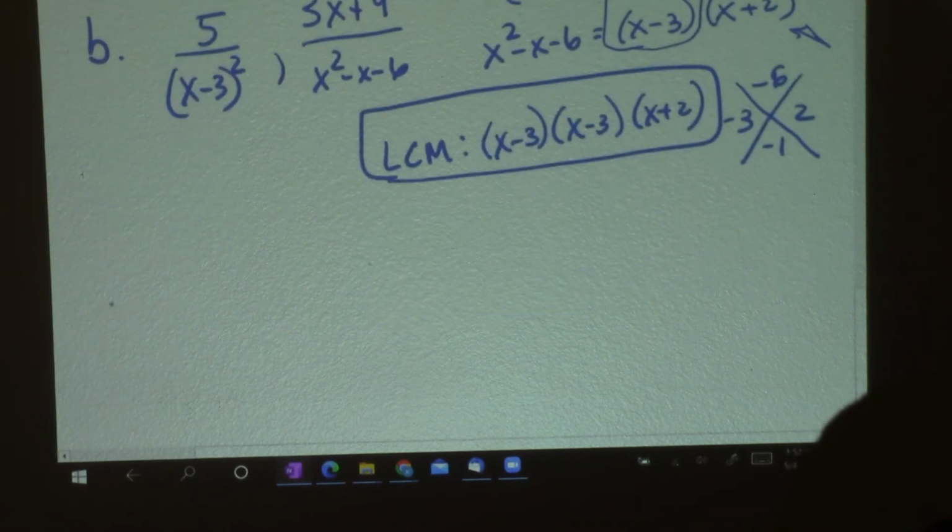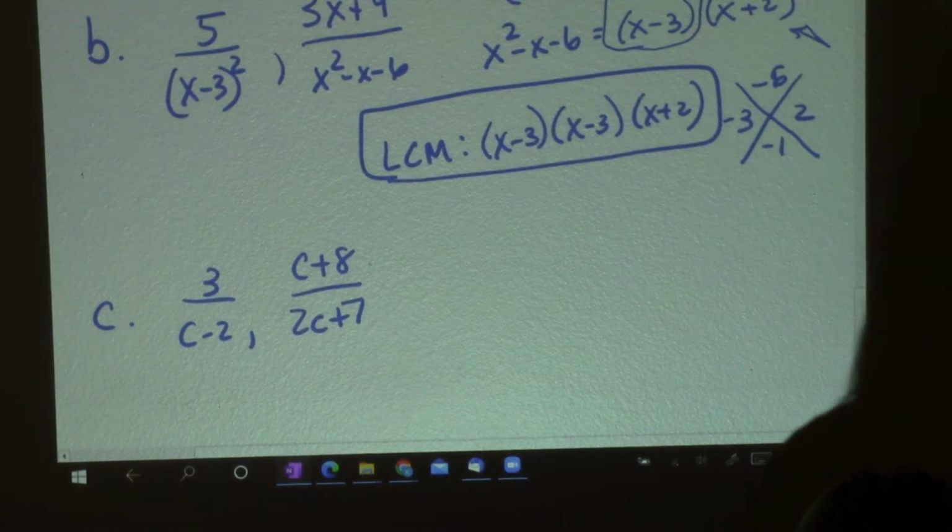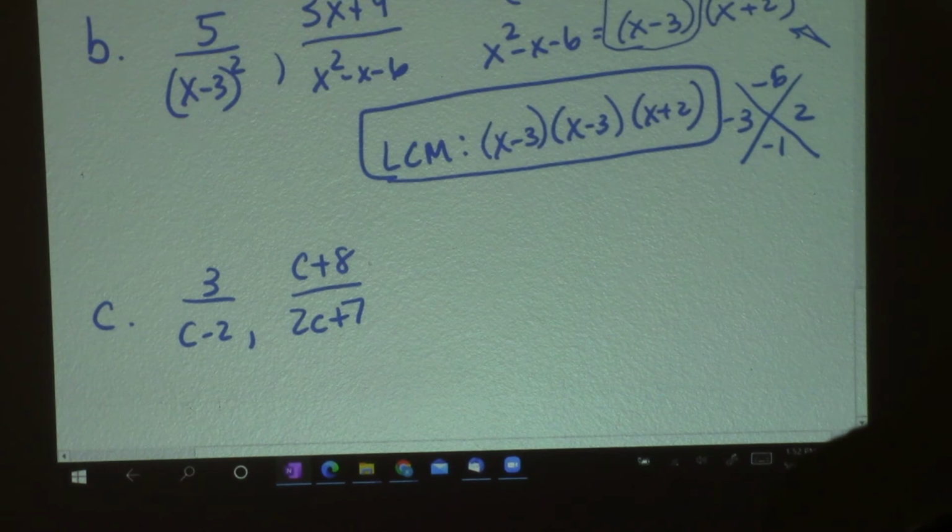Okay, let's do another one. 3 over c minus 2 and c plus 8 over 2c plus 7. Okay. So let's see, the first thing I have is c minus 2. Well, I can't factor that like I did up above. So that's just one of them.